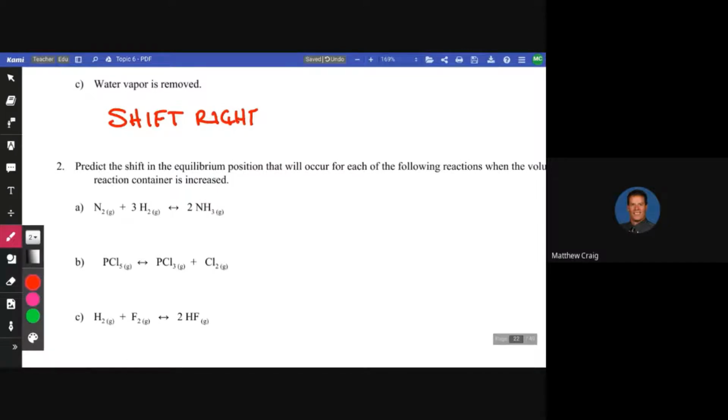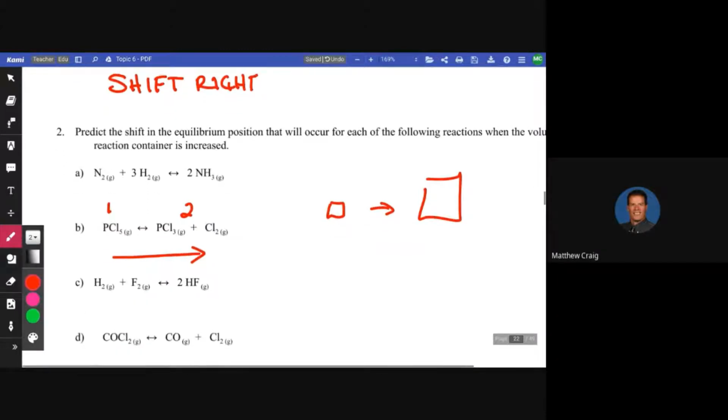All right, so here in letter B, we have 1 and 2. So again, going from small to large. We want to shift in the direction that forms more particles. So B would be shift right. In C, we have two particles, no shift.